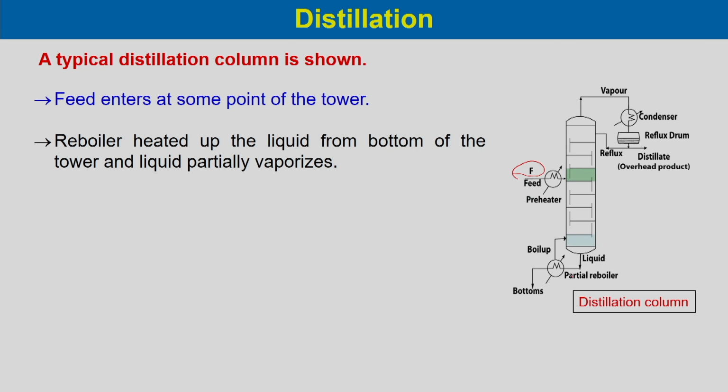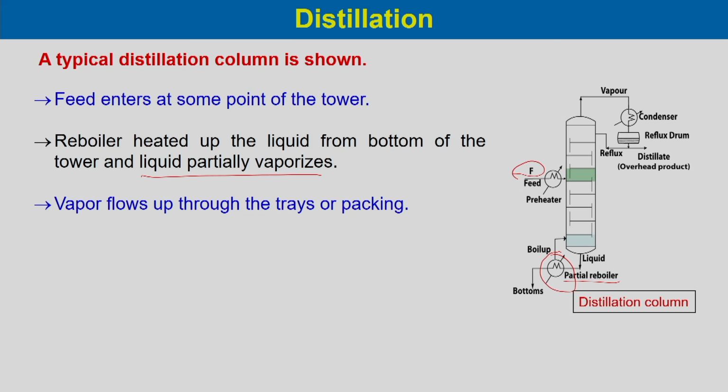The reboiler shown here is a partial reboiler, which boils up the liquid and returns the vapor back to the column, and the less volatile components come out as the bottom product. It is a partial reboiler because the liquid is not completely vaporized.